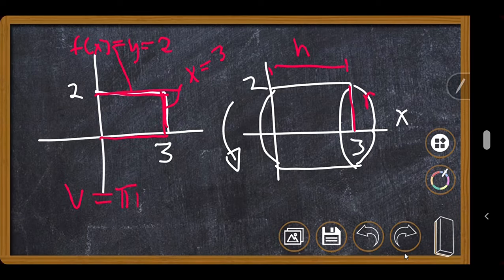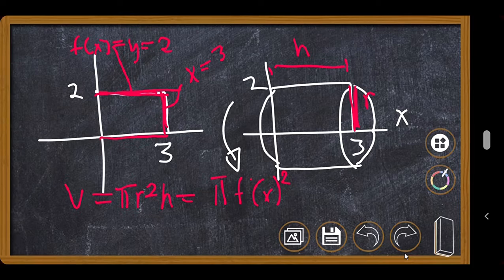We have our formula pi r squared, where the length of our r is just the same as the length of our f of x. That's why we substitute f of x for our r, and that's why we square our f of x in finding the volume.